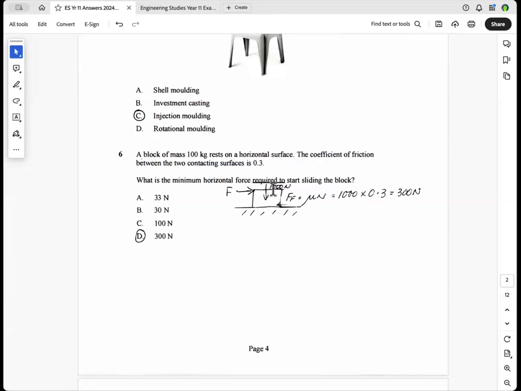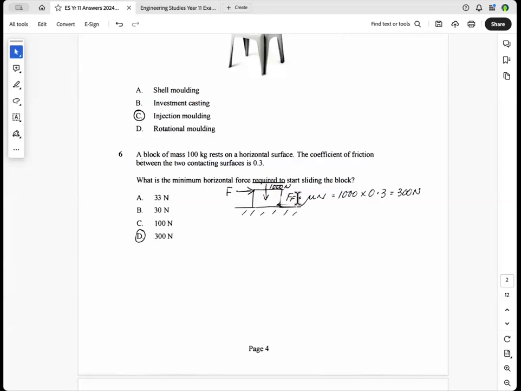So here we have 1,000 newtons acting down, and you've got a normal, which will be acting up, which will be 1,000 newtons. And this force, just to get it on the verge of sliding, has to equal the force of friction. Don't forget, force of friction is the interlocking of the two surfaces. It's caused by the interlocking of the two surfaces.